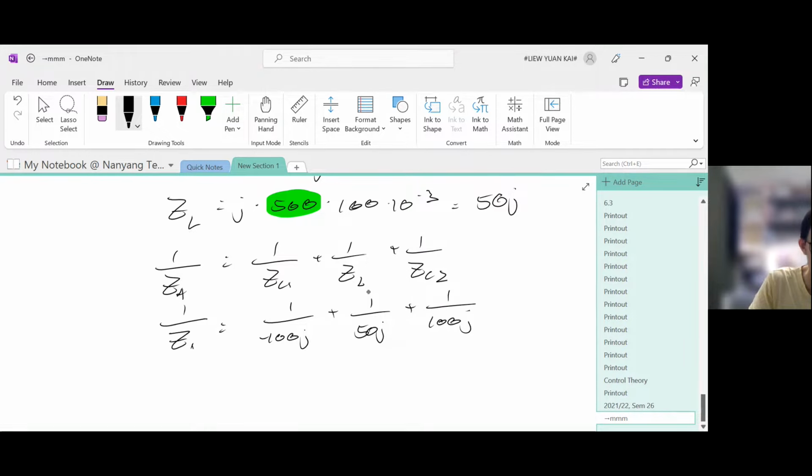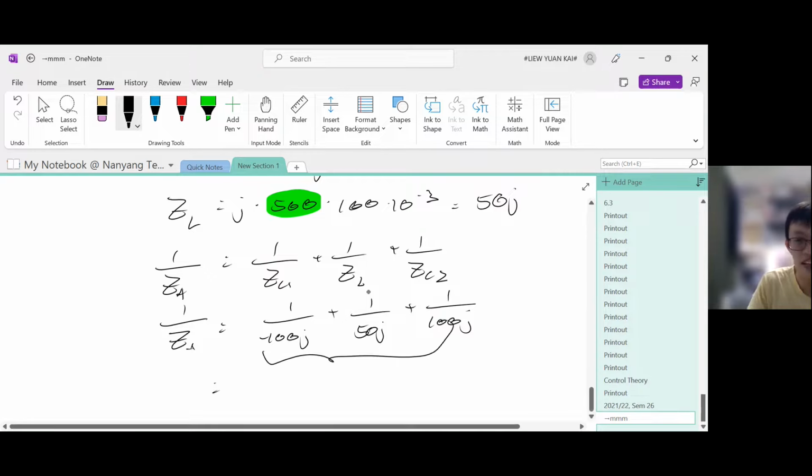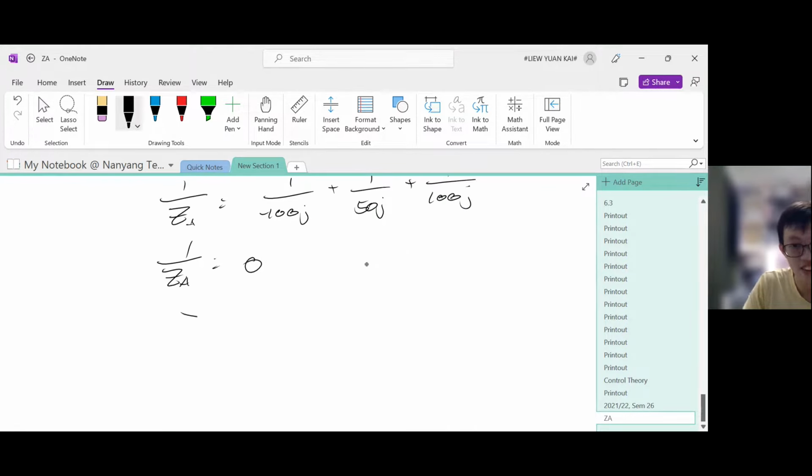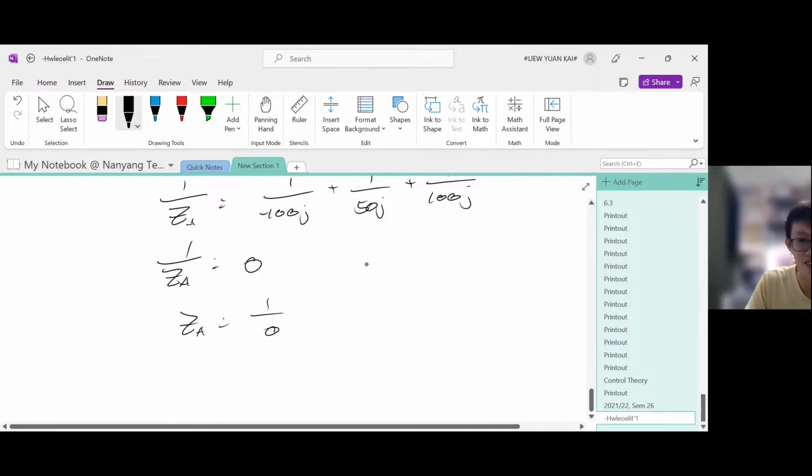Now, here comes the funny bit. Punch this into your calculator and you get 0. Now you want to solve for ZA. So ZA is equal to 1 over 0. But then, what is 1 over 0? Undefined.